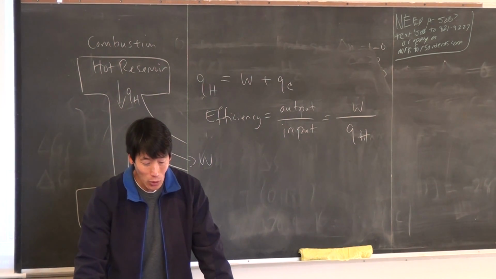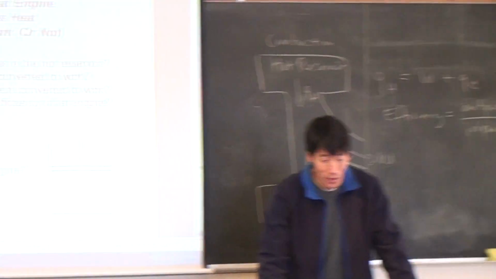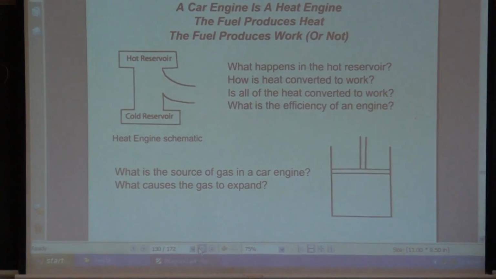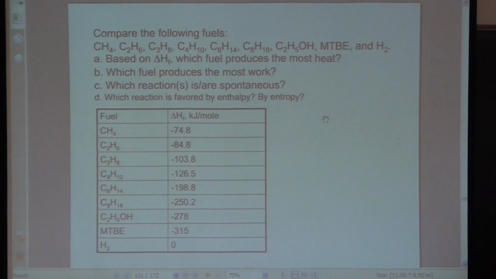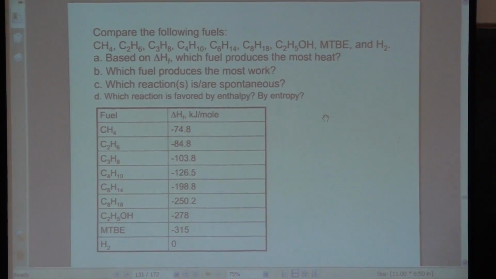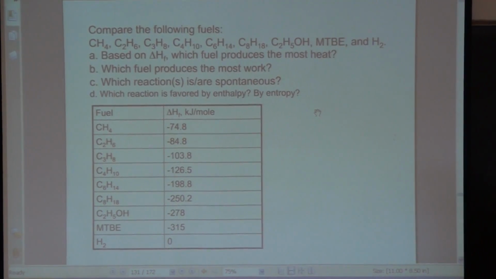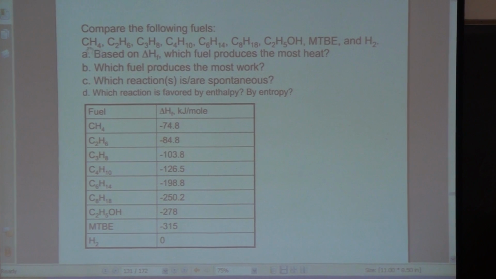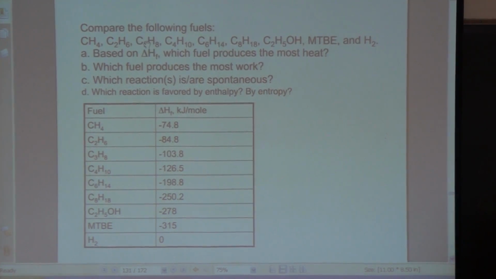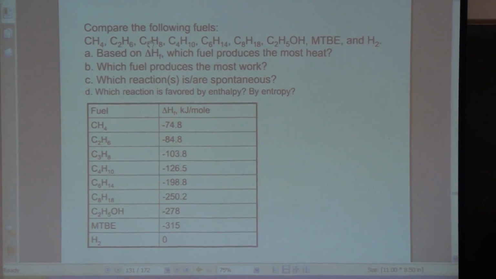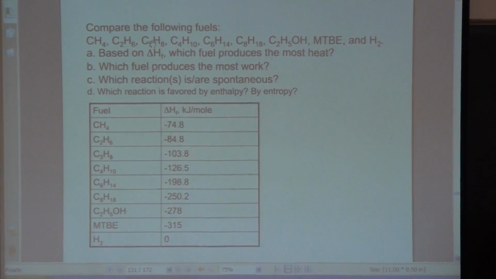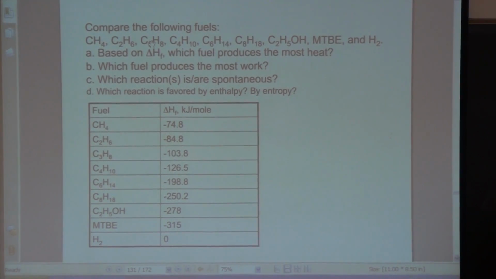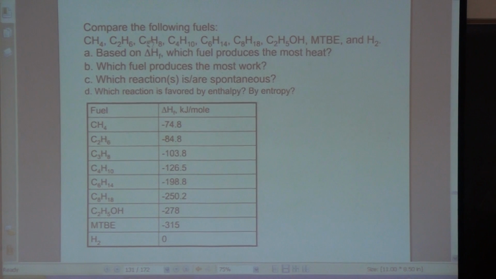Okay, so we looked at this already. We looked at the source of gas in the car engine, what causes gas to expand. Let's compare these fuels. Methane, ethane, propane. Propane is used in barbecue. If you're doing barbecue, today would be a good day to barbecue.